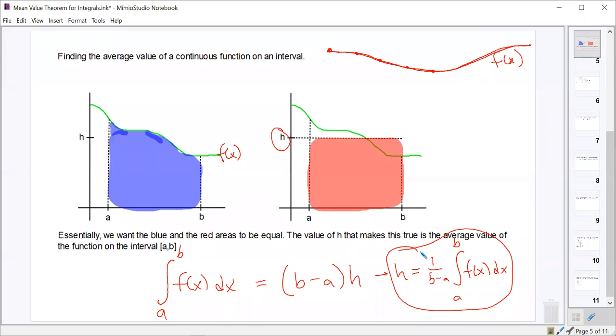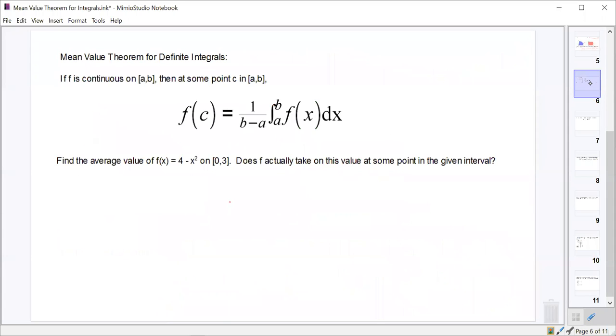Cool. All right, so let's see if we can use this for a continuous function like f of x equals 4 minus x squared. We want to find the average value of this parabola, 4 minus x squared, and we want to figure out if our function actually hits that average value somewhere on the interval between a and b.